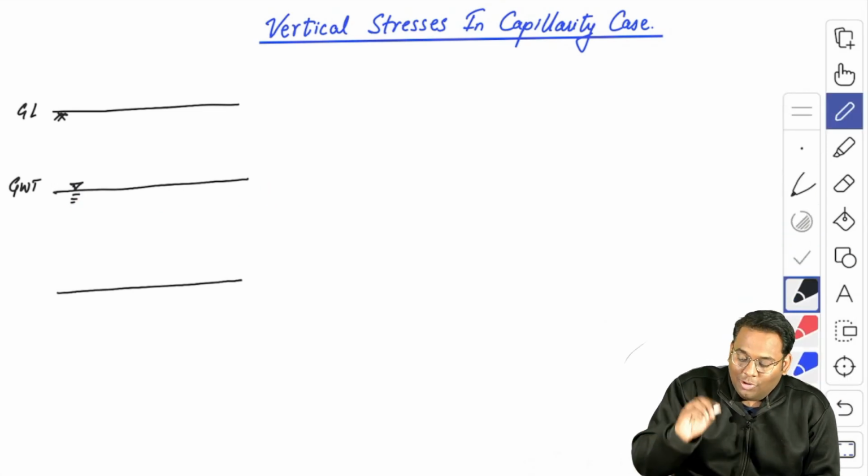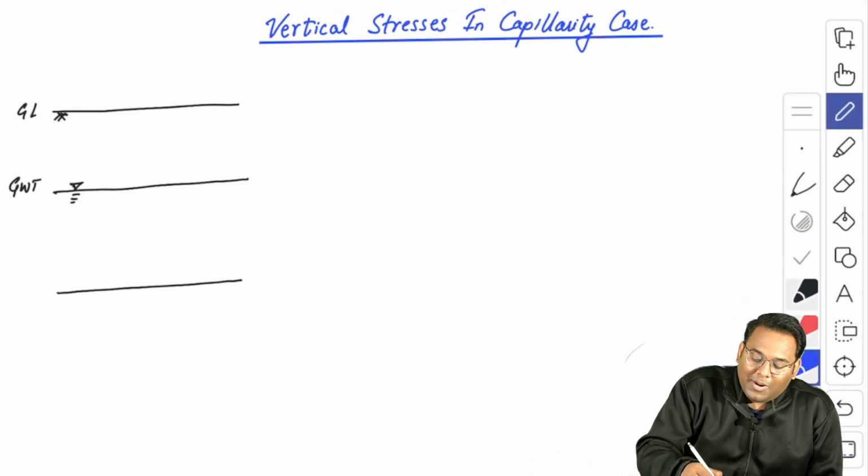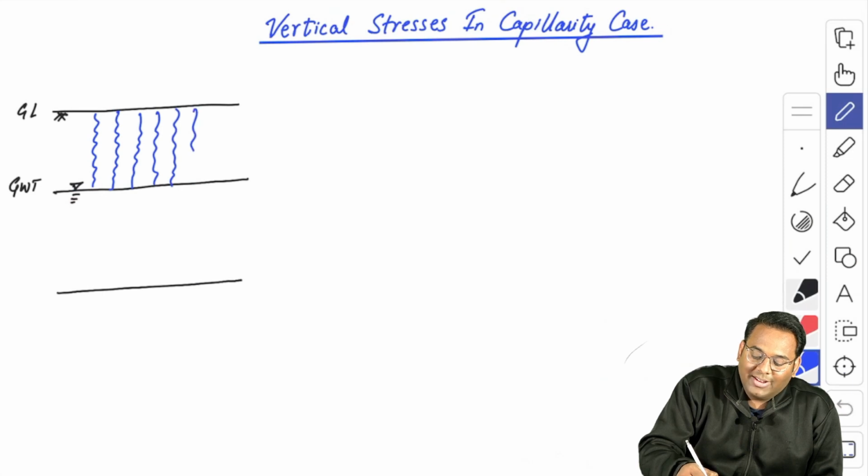And I am assuming here that this particular soil is now completely saturated because of the presence of capillary raised water in the soil.